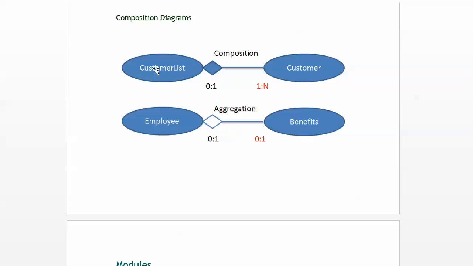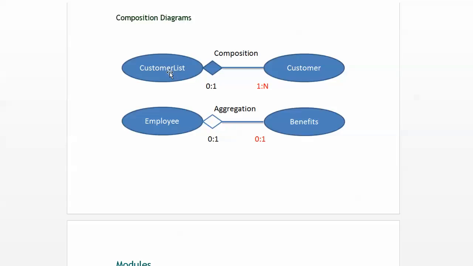The list is created without any customers in it. It's really not all that useful. It's just an empty list. I probably should say that a customer list isn't useful unless I have at least one customer in there, but I've indicated that it can either exist or it can't.